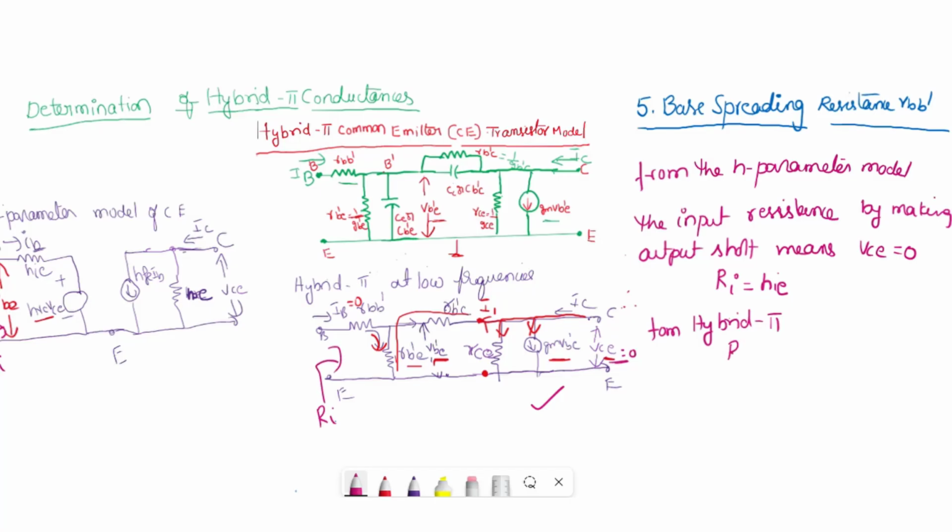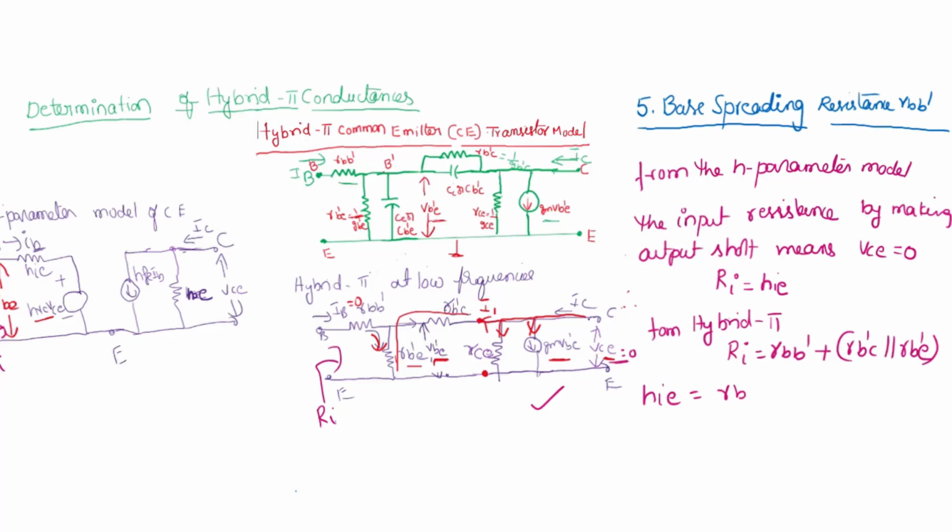The input resistance Ri is nothing but, there are 3 resistors in the input side: RBB dash, and the parallel combination of RB dash C and RB dash E. So RBB dash is in series with the parallel combination of RB dash C and RB dash E. So Ri is RBB dash plus RB dash C in parallel with RB dash E. As these two are the input resistance of the amplifier at low frequencies, you can make both equal.